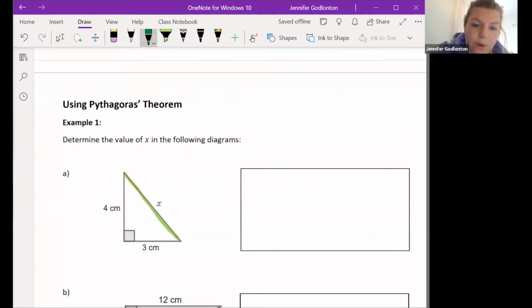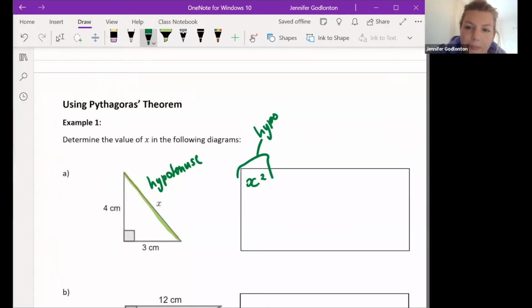We always want to know which our hypotenuse is, because the hypotenuse squared is equal to the sum of the other two sides squared. So what I mean by that is x squared, that's my hypotenuse squared. Let's just write this out. That's my hypotenuse squared.